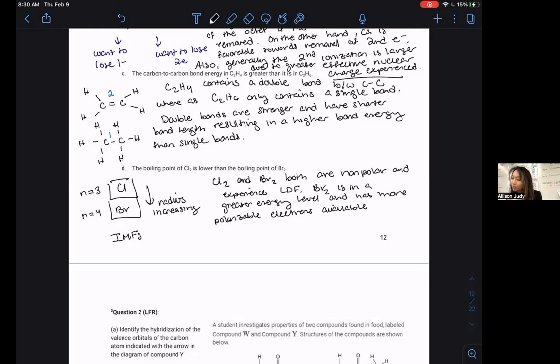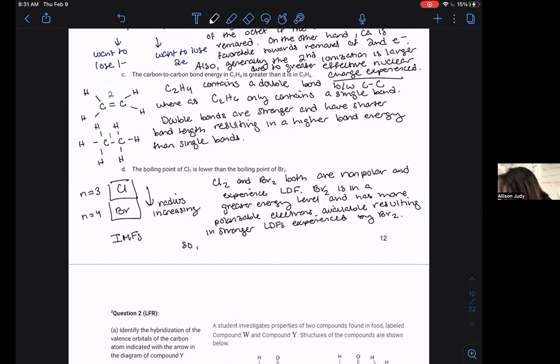So what we see is that diatomic bromine is in a greater energy level and has more polarizable electrons available, resulting in stronger LDFs experienced by bromine 2.